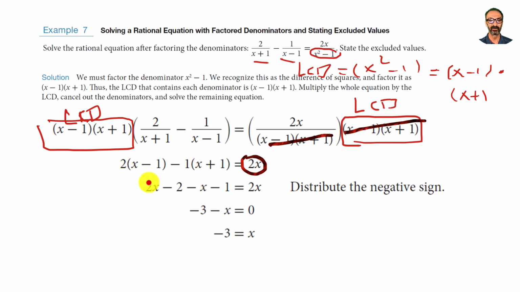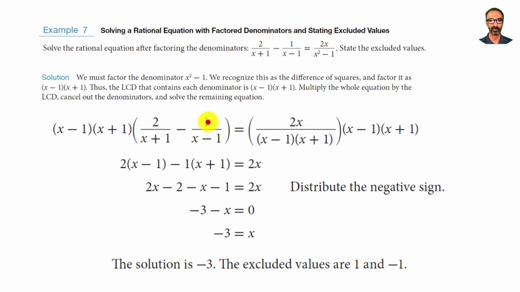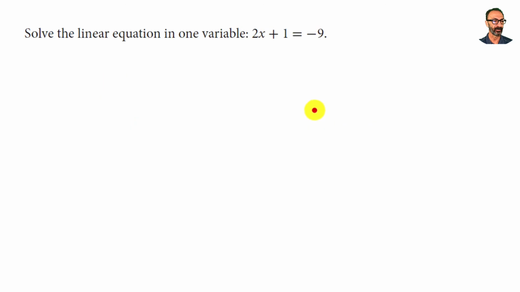Do the distributive, combine like terms, simplify, add 3 to both sides, or add x to end up with x. This time they had it on the right side, which is either way fine. X equals -3. If you go back right here, it doesn't cause any problem in the denominator. So the excluded values are -1 and 1, and we are fine. Next one.